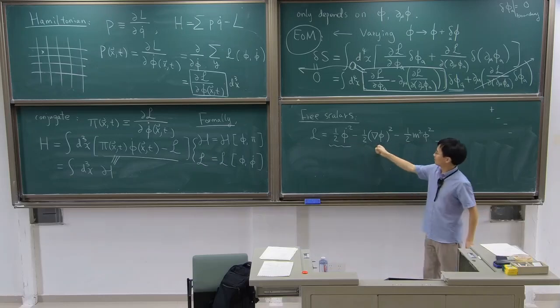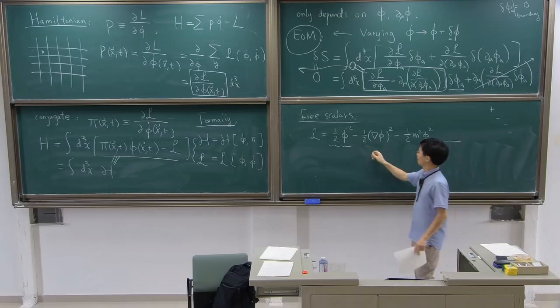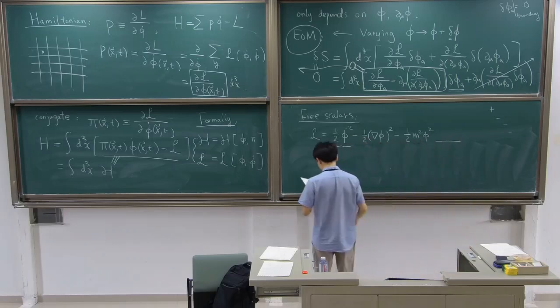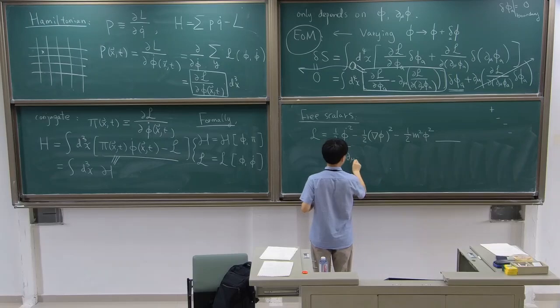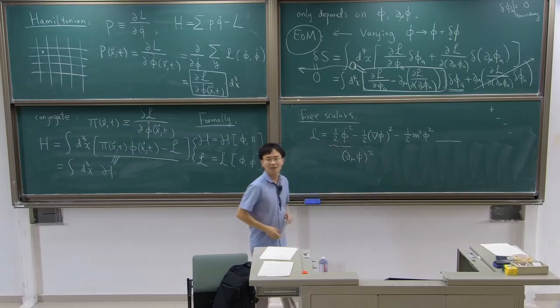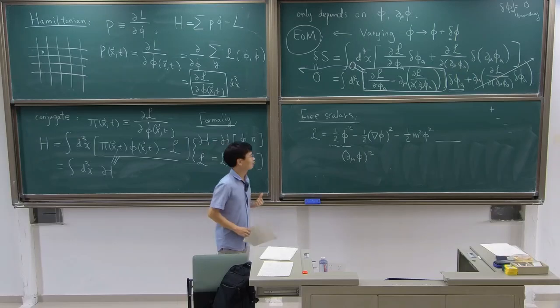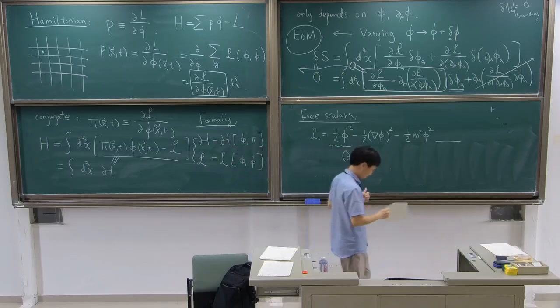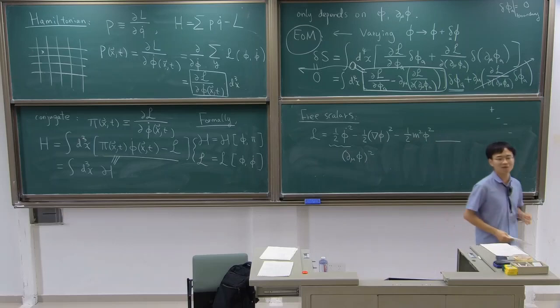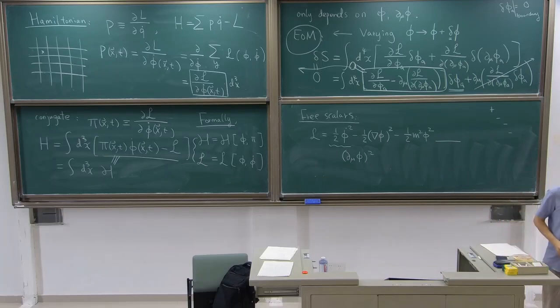Now, if you utilize these two terms, you will get this partial mu phi squared. As you can see, the Lorentz index is contracted over, so this should be Lorentz invariant.